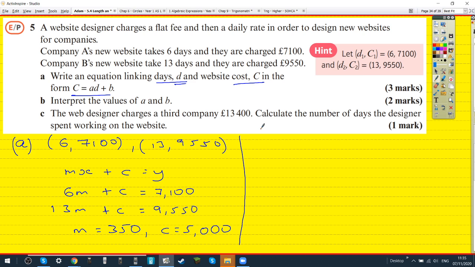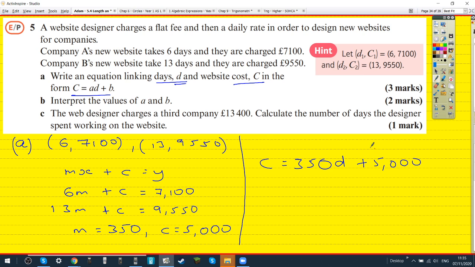No. In general, c equals 350d plus 5,000.